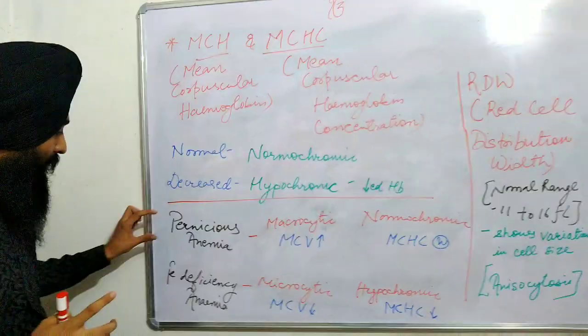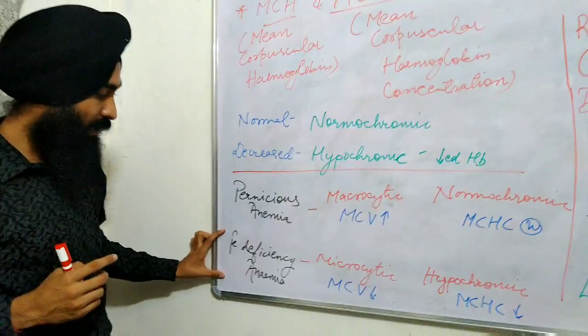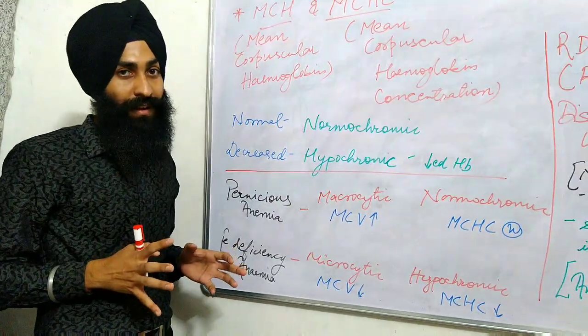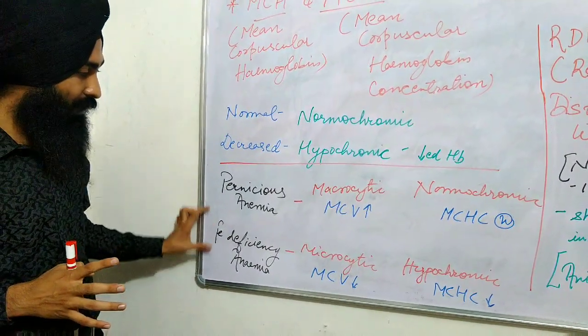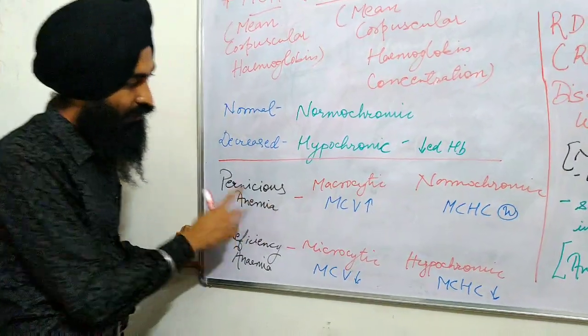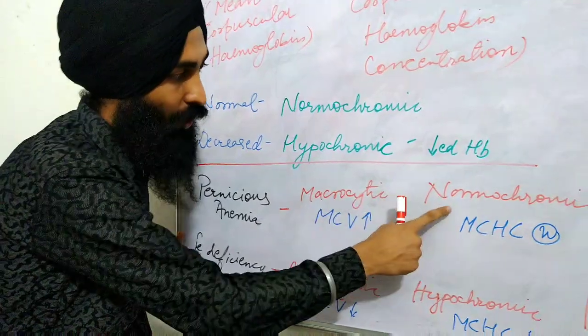Now let us see two types of anemias. One is pernicious anemia and another one is iron deficiency anemia. As we ignore these red cell indices, but these red cell indices help us in differentiating different types of anemia. So in pernicious anemia, the condition which we will be seeing is macrocytic normochromic.